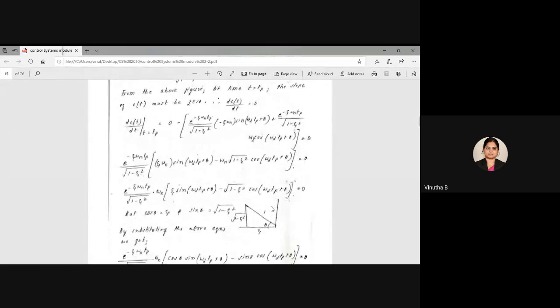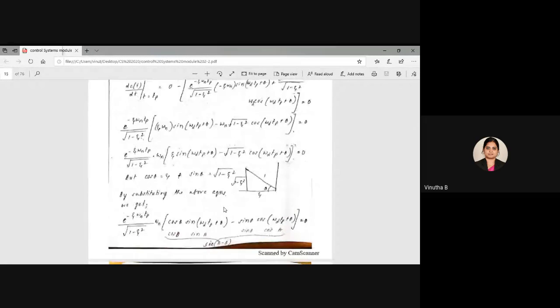Now in the next step, they have taken out omega n as common and written down the remaining terms as they are and equated that to 0. So now you have a cos term and a sine term. How can that be written with respect to this triangle here? You can see that this is taken as theta. What is cos theta?